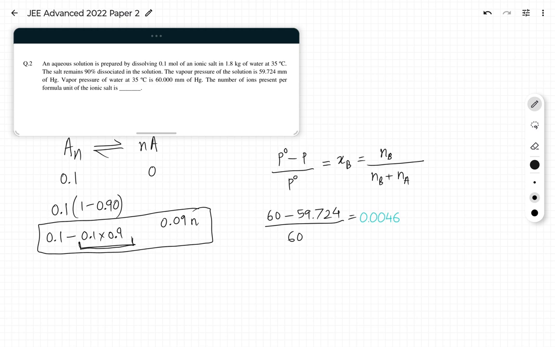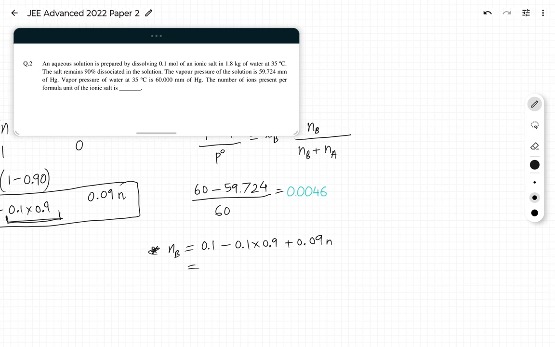So XB here represents the total number of non-volatile moles of entities, which will be NB. NB will be equal to 0.1 minus 0.1 times 0.9 plus 0.09 times n.